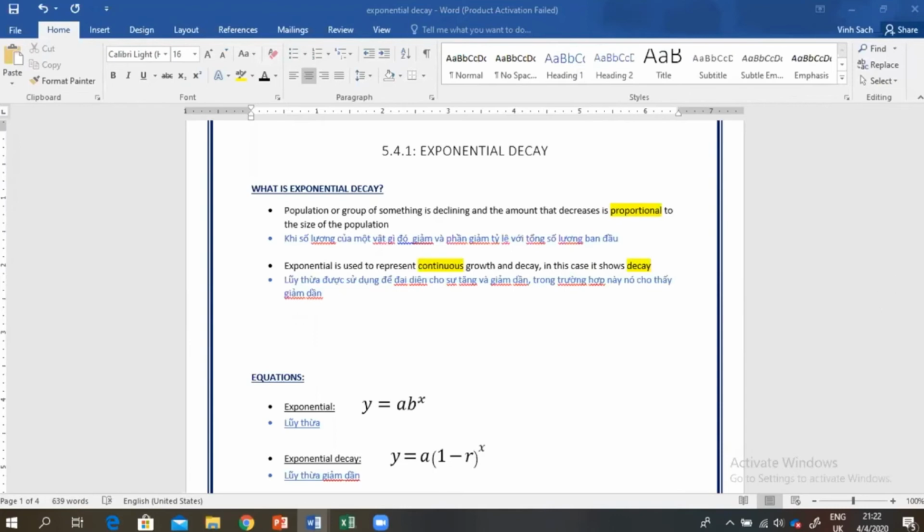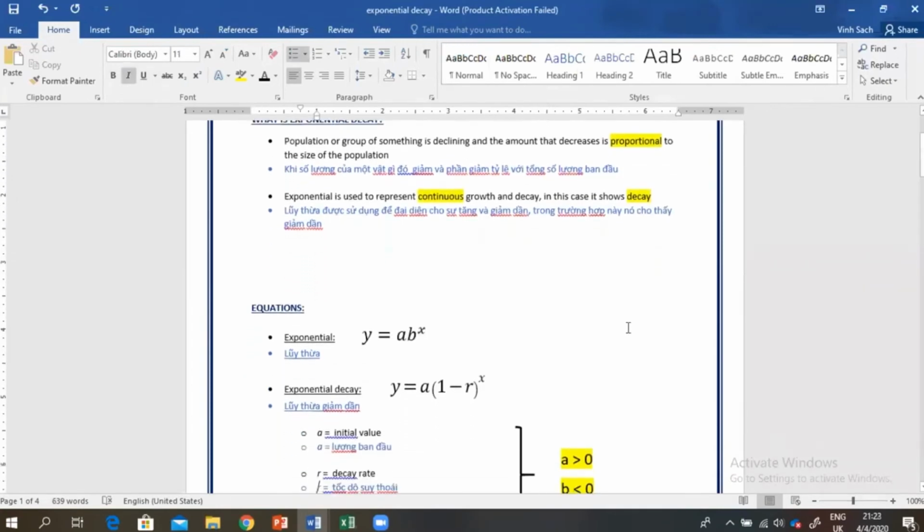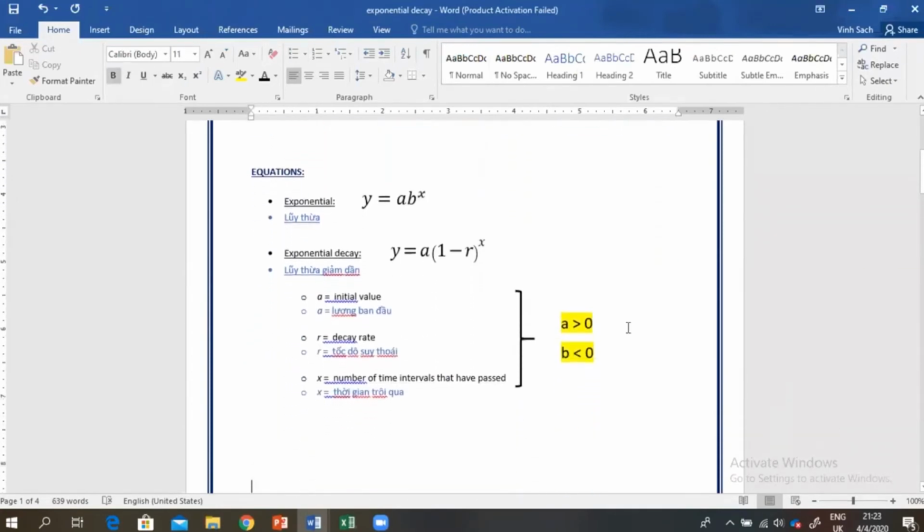Down here are some equations. For exponential functions, the equation is y equals a times b to the power of x. But especially for exponential decay, it is y equals a times (1 minus r) all to the power of x.